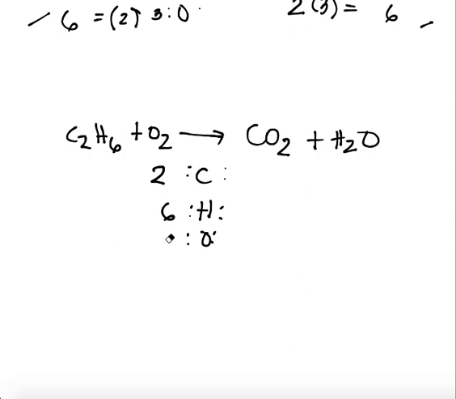Okay, let me arrange this one so I won't be confused for a while. So we have 2 here, I have 6 here, and I have 2 here. Why do I need to write it that way? Because I need to add a coefficient later to balance this equation.